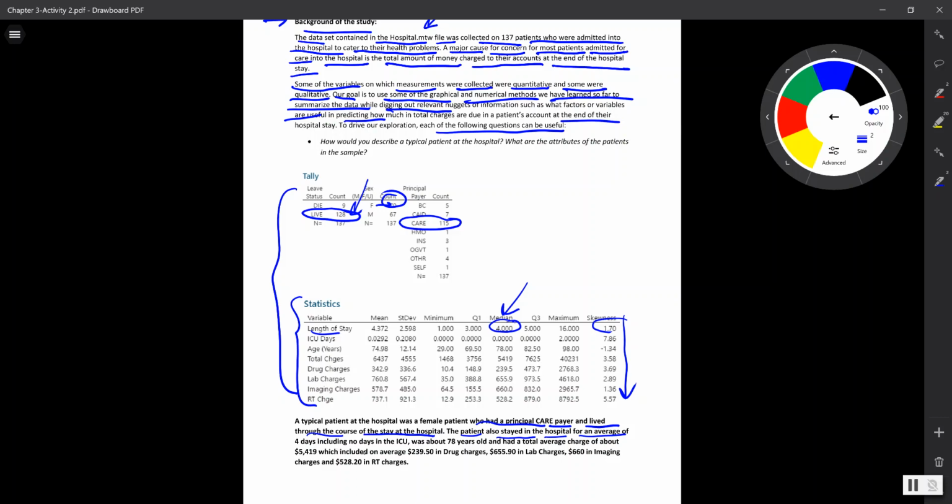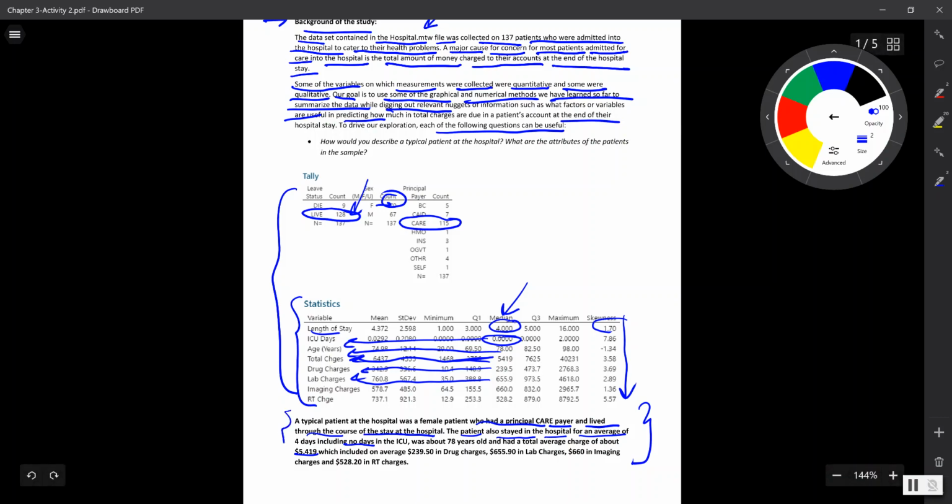For 4 days, with a median of no days in the ICU, and was about 78 years old and had a total of $5,449 in total charges, which included also drug charges of $239.50, $655.90, and kind of build off something similar to that.